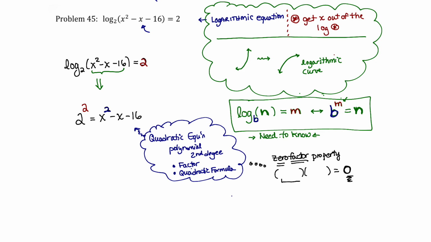And the zero factor property helps us because then we know that if we're multiplying 2 objects, either the first object is 0 or the second object has to be 0. There's no other way to multiply 2 numbers to get 0. So the zero factor property, combined with factoring, is going to help us solve this equation.